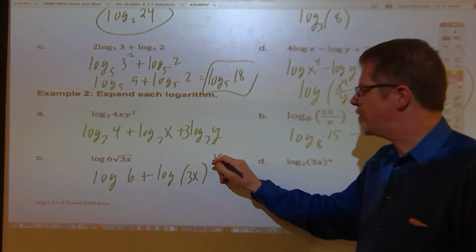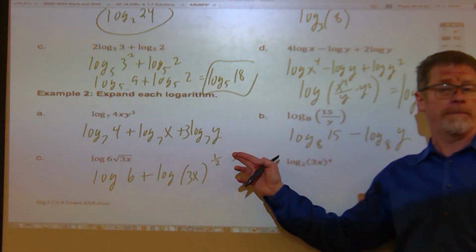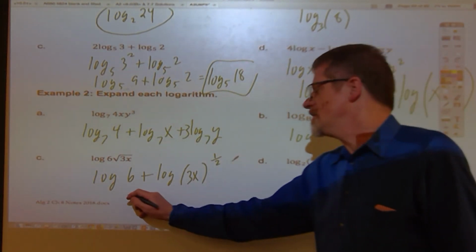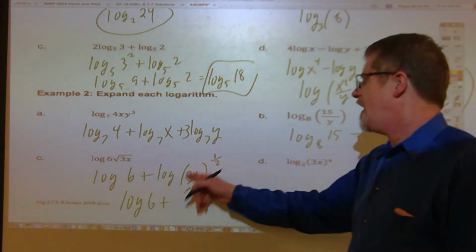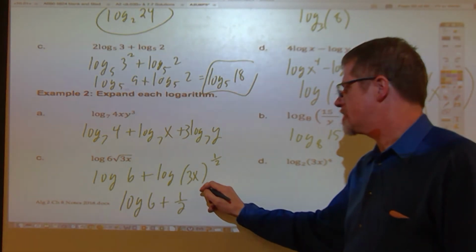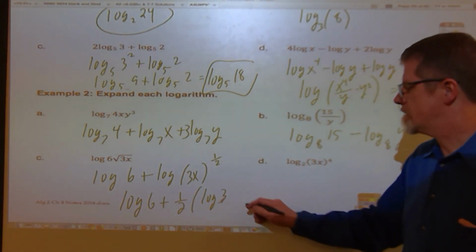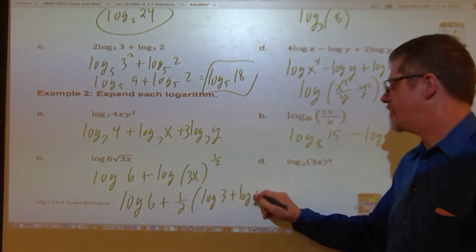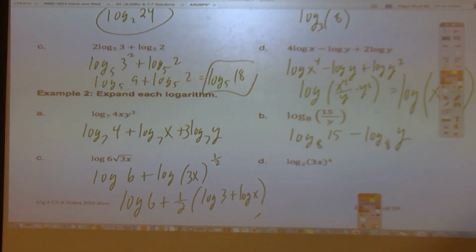But can't the square root of 3x be written as 3x to the 1/2 power? So I can simplify this further, making this log of 6. The 1/2, using raise and multiply, means I need to multiply the exponents. And log of 3x is the log of a product. So it's log of 3 plus log of x. You'd have to distribute that through to get the final answer.